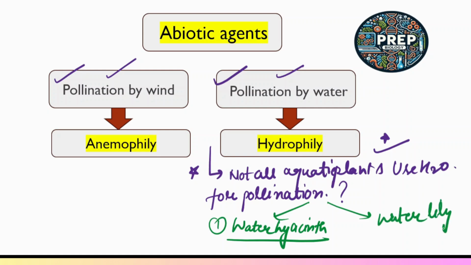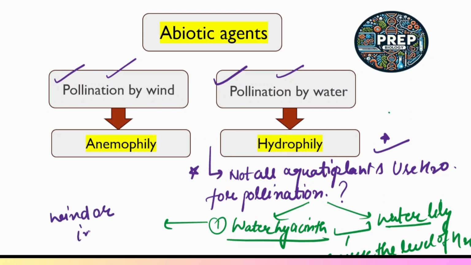In these two plants the pollination is not by water because the flowers emerge above the level of water. That's why in water hyacinth and water lily the pollination occurs by wind or by insects.